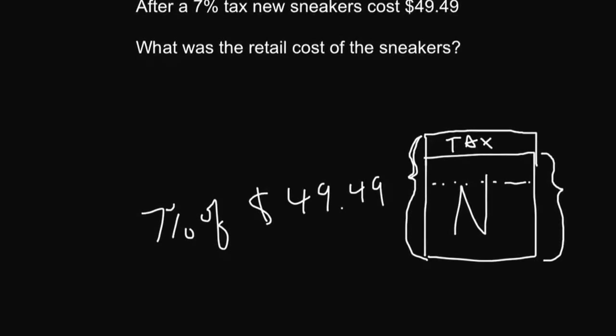So this is what you have to say to yourself: what did I pay for the sneakers? And you have to have a little trust here. You don't know the number, but you're going to say the cost of the Nikes was n. Well, what did I add to the cost of the Nikes? I added 7%.